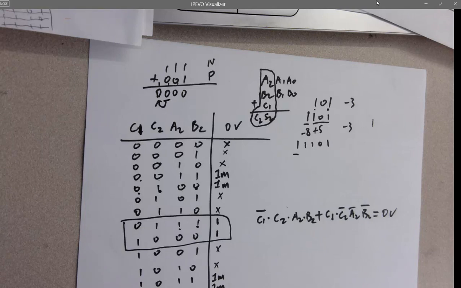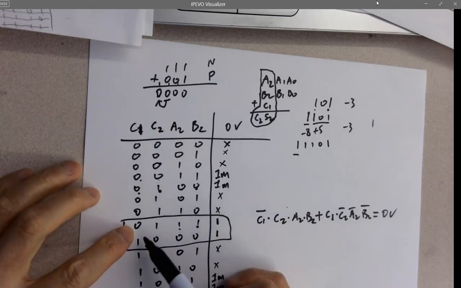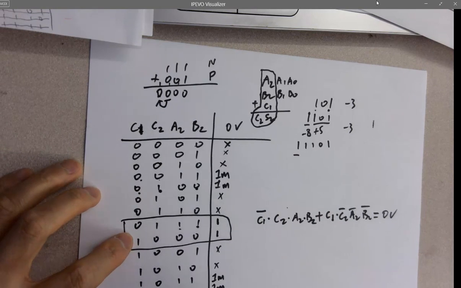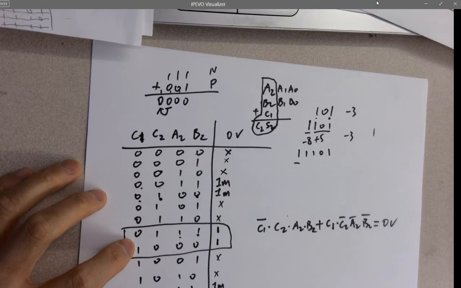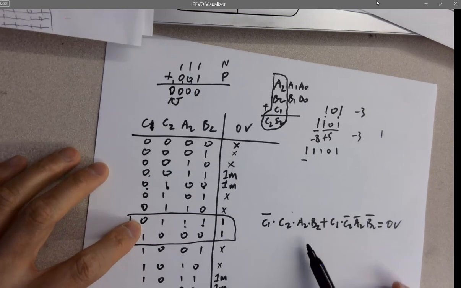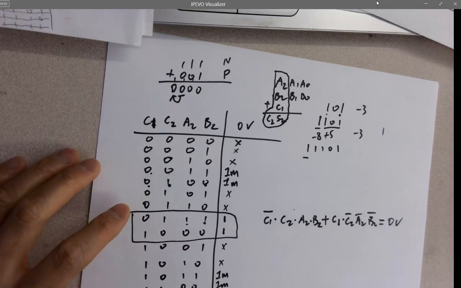But eventually, you are able to simplify it because A2 and B2 really don't matter here. What only matters is C1 and C2 have to be different, by looking at the truth table. So can we simplify it from here? Probably not.